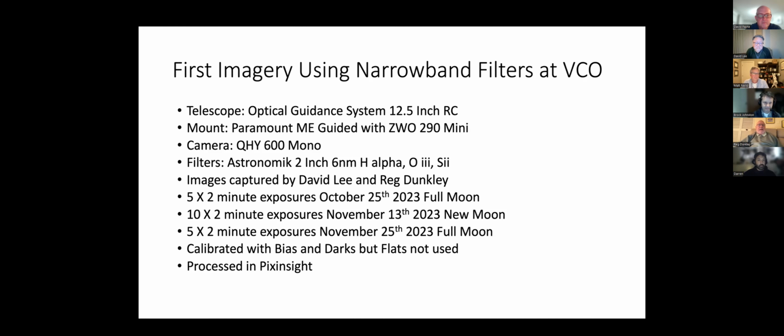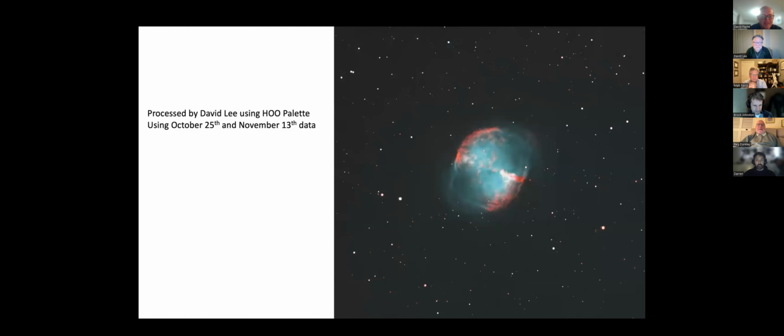We captured basically 10 minutes of exposures on the 25th, 20 minutes on the 13th, which was actually a new moon, and then 10 exposures on November 25th. We calibrated with bias and darks, but the flats that I had were unusable, and they did a lot more damage than good. We processed it in PixInsight.